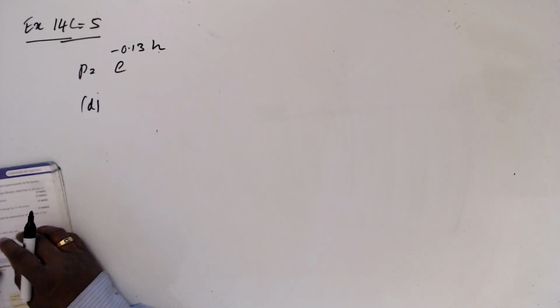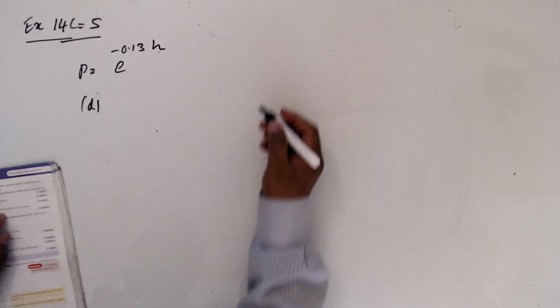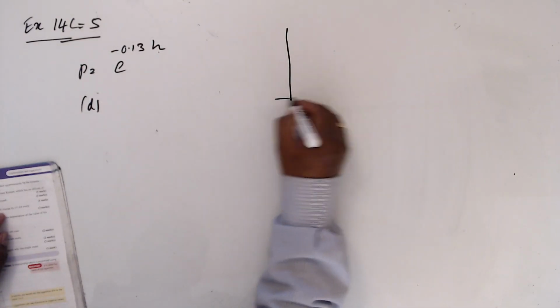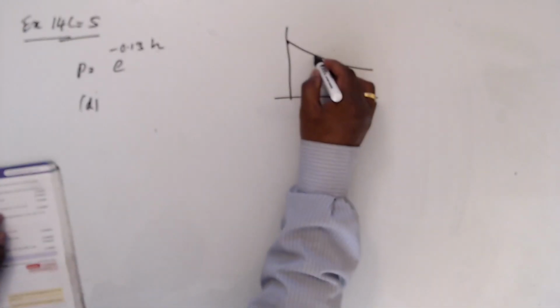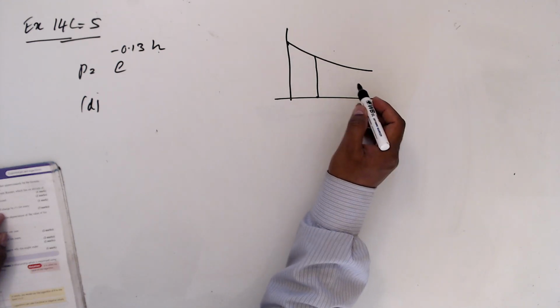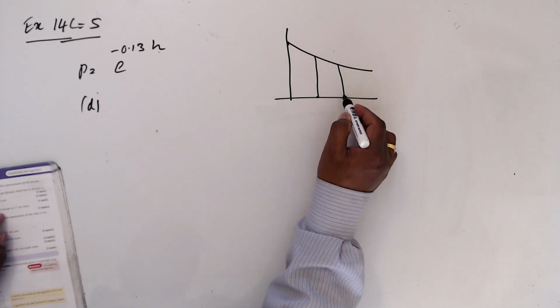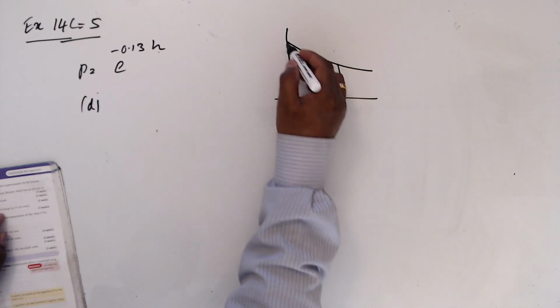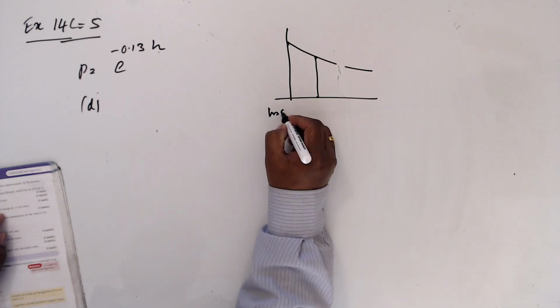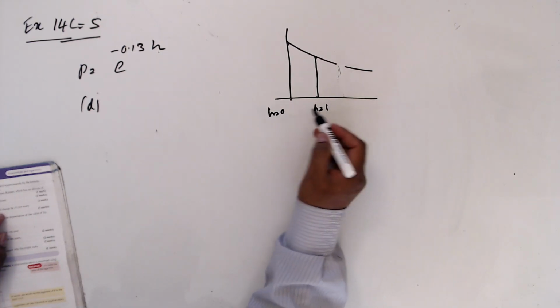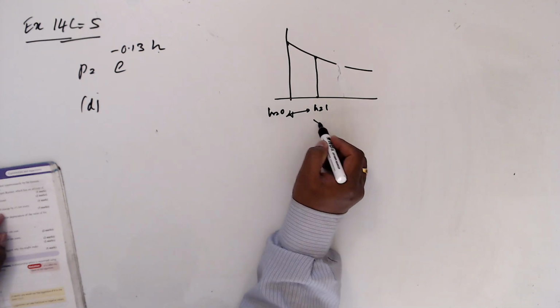Calculate the value of S. So we have to consider two places: when h equals 0 and h equals 1.